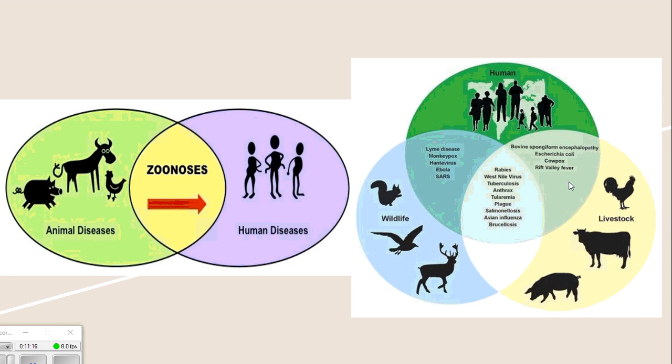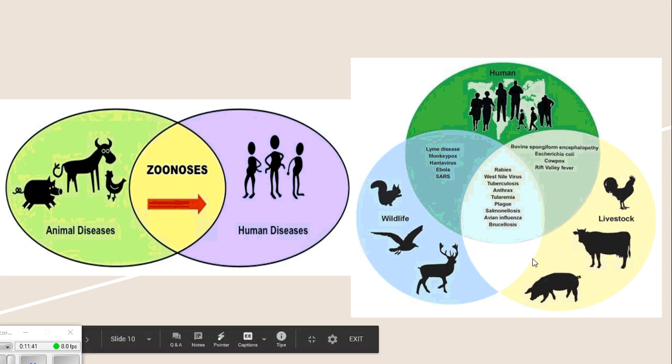And then you can have diseases that are kind of in between, that can go from wildlife to livestock to humans, or livestock to wildlife to humans. And the examples there are rabies and West Nile and tuberculosis as examples. And influenza is another example where it can infect things like birds and swine, pigs, but also infect humans.